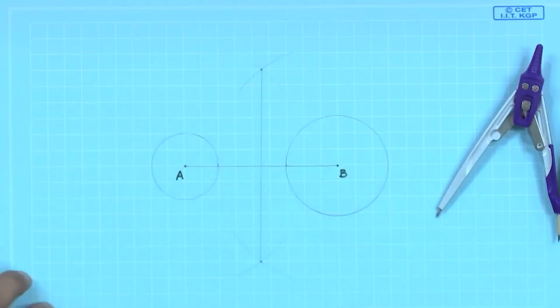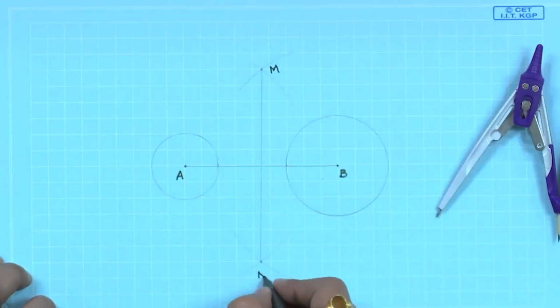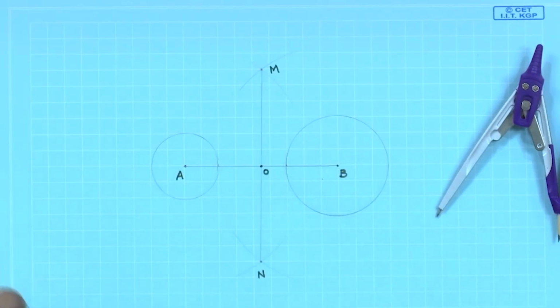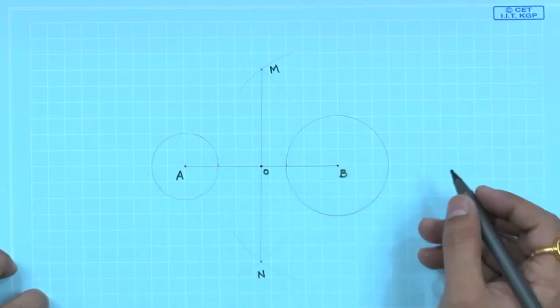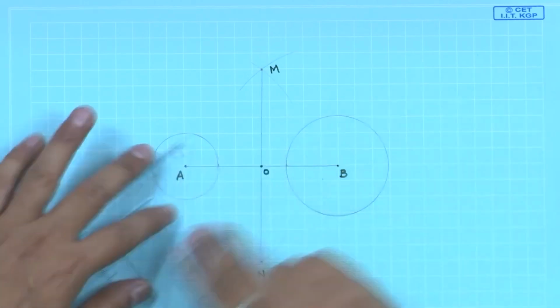Name these points as M and N, and the line is going to intersect at O. Now, for external tangents, exterior tangents, let us name these scales also.